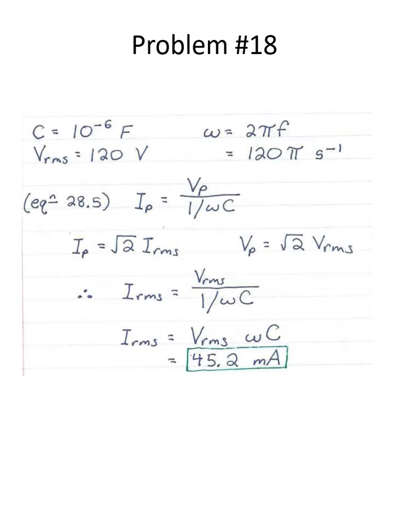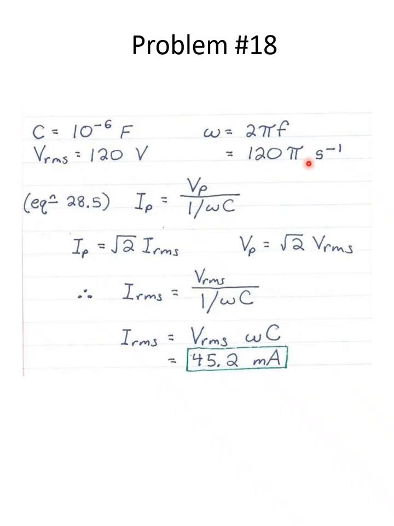Number 18. Find the root mean square current in a 1 microfarad capacitor connected across 120 volts root mean square, 60 hertz AC power. So here's the given information. We have the capacitance of 10 to the negative 6 farads. VRMS is 120 volts.